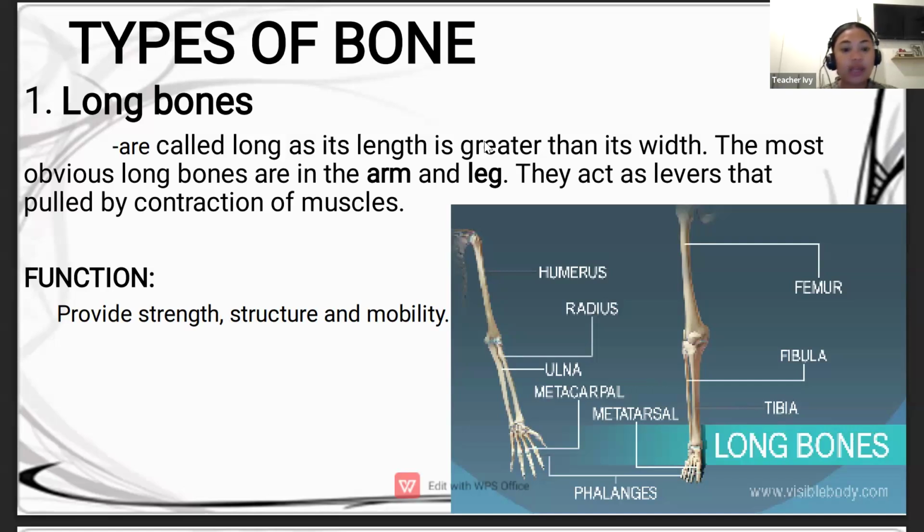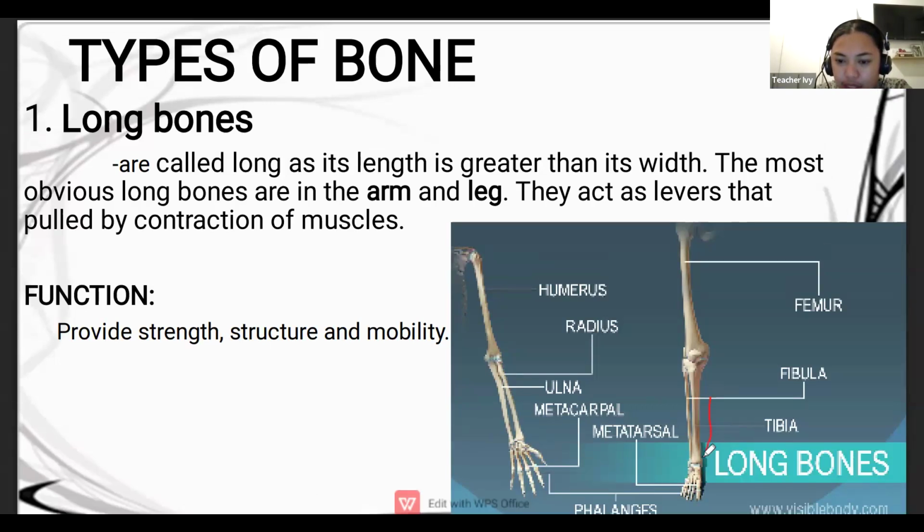The tibia is the bigger bone. Let me use an annotation so that you can see. Here you go. This one is the tibia, the bigger size of bone. This is the equivalent of the ulna in the arm.